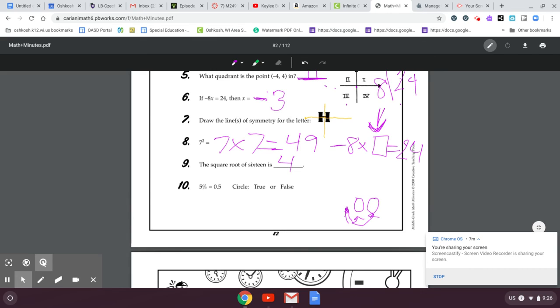So think about if you have 5 pennies, it would look like this. And 5 pennies is 5% of a dollar, 5% of 100%. So this is not true. 5% equals 0.05, or 0.5 equals 50%.